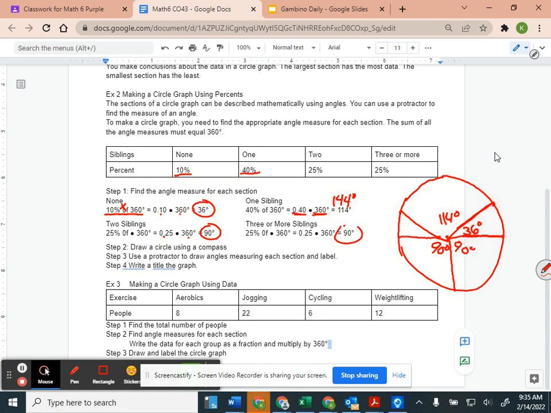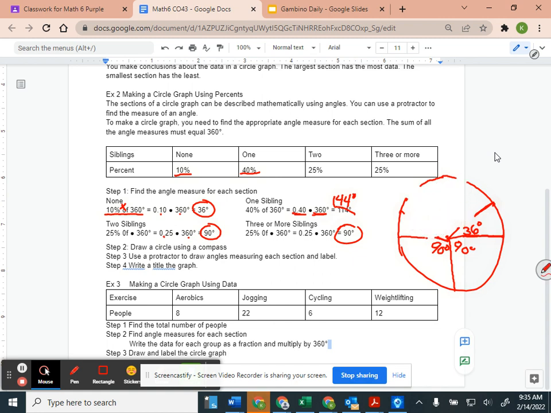Do all of your degrees equal 360 if you add them all up? I was looking at my map and adding them up saying, this isn't right because I have this extra section here and I shouldn't. It should be 360 degrees. So if I go back and I recheck my math, I can see a mistake like this where it's not 114, it's 144.